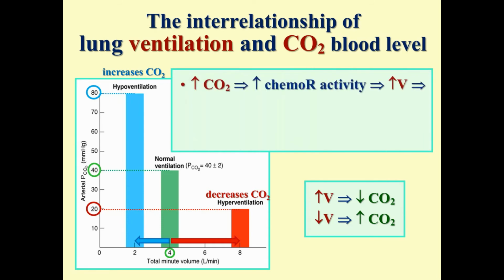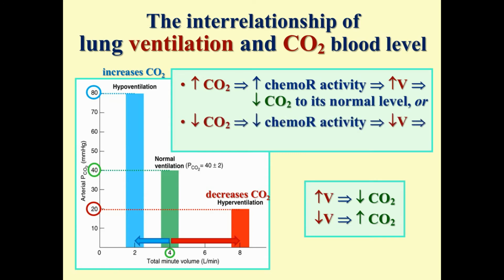Increased level of CO2 caused by hypoventilation stimulates chemoreceptors more than usual. Therefore, activation of ventilation becomes also high. And this excessive lung ventilation decreases CO2, usually back to its normal level. Or, if it was excessive ventilation of the lungs, hyperventilation, with decreased CO2, this decreased CO2 level produces less stimulation of chemoreceptors as compared to normal.